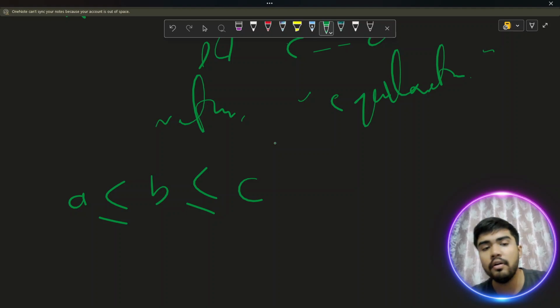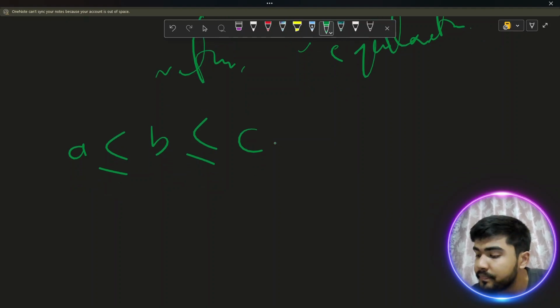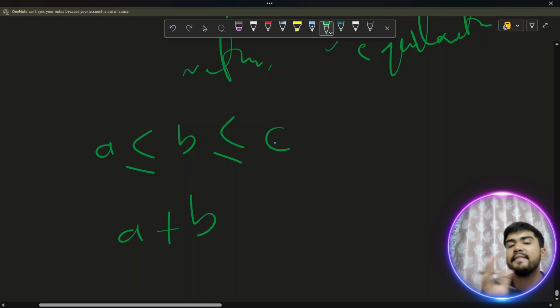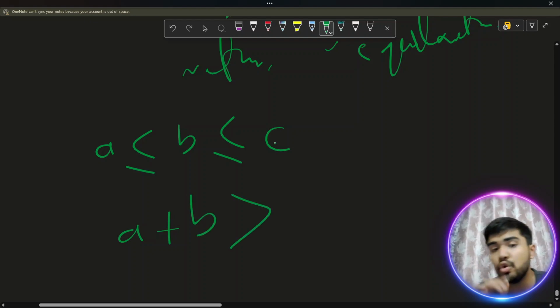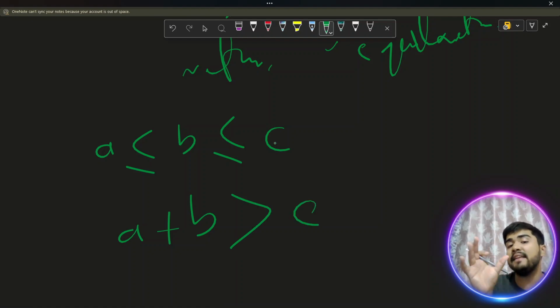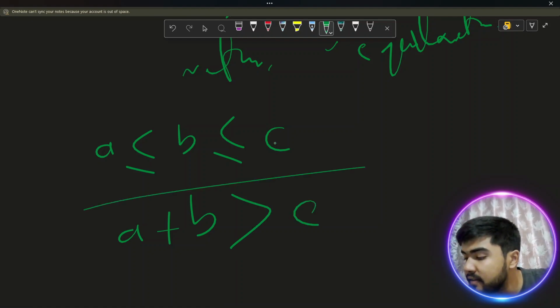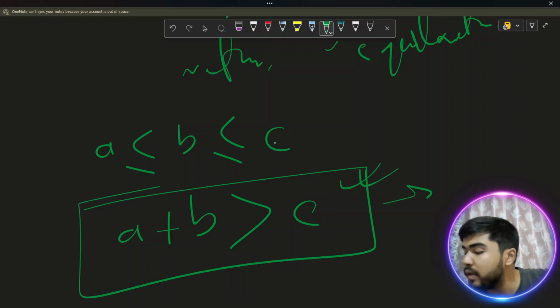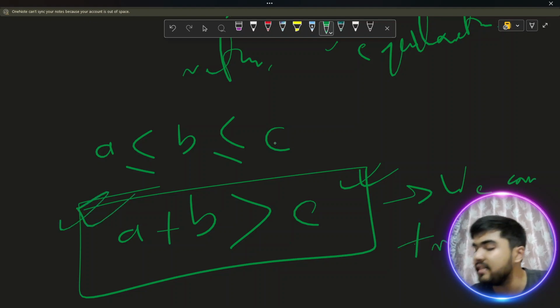The sum of the two smallest lengths should be greater than, not greater than or equal to, the largest length edge. This condition should be valid all the time. Only then can we consider it a triangle.